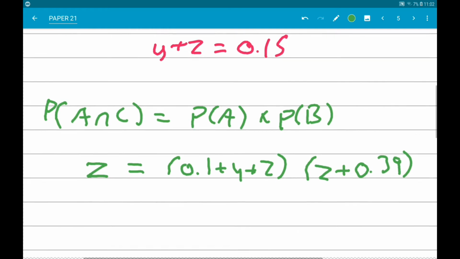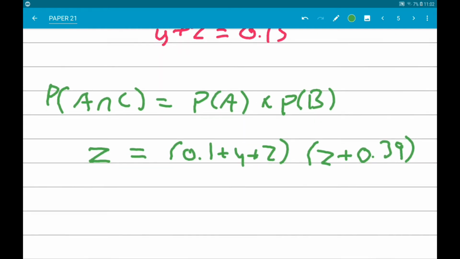So, we know that z is 0.25 times 0.39 add z. Or z add 0.39.